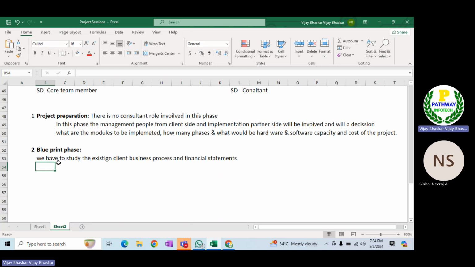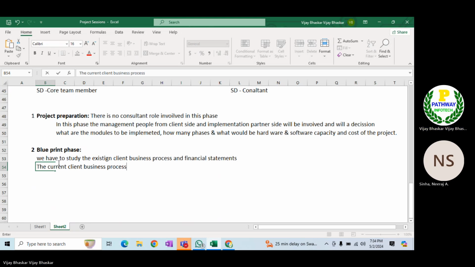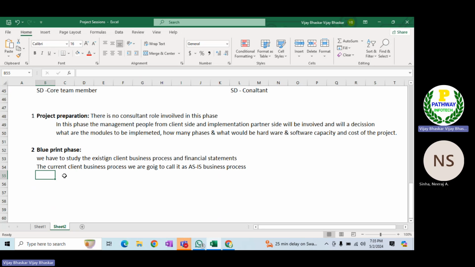The process which is going on at this moment, the current client business process, we are going to call it the as-is business process. As-is business process means what is the process which is going on at this moment, the current process the client is using.